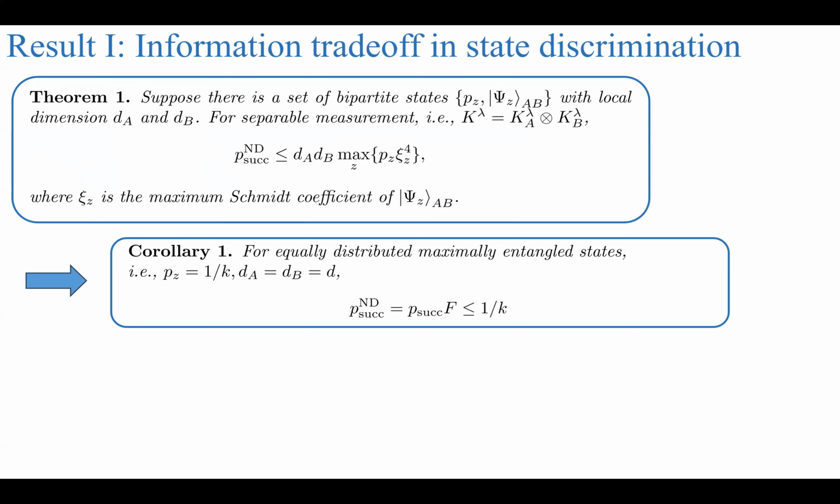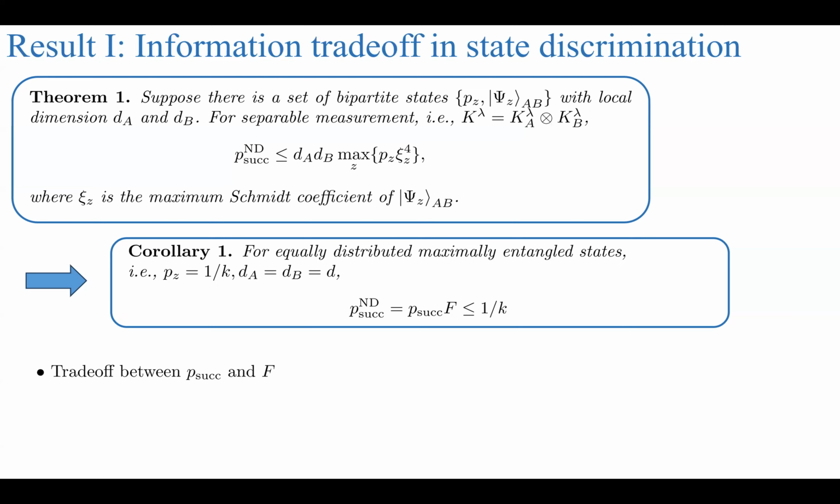But the simpler version is if we consider the equally distributed maximally entangled state, which means the Schmidt coefficient is 1 over K and the local dimension is the same as K, then the success probability of our task is bounded by 1 over K, and is also equal to the success probability of the conventional discrimination task multiplied by the fidelity here.